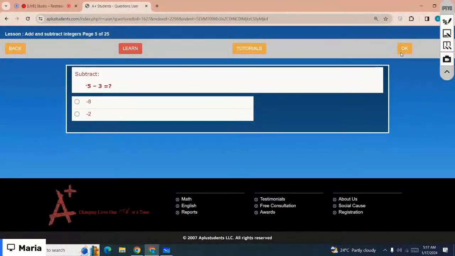Subtract negative 5 minus 3, which is the correct option? Is the correct option. Negative 4 minus negative 2, which is the correct option?